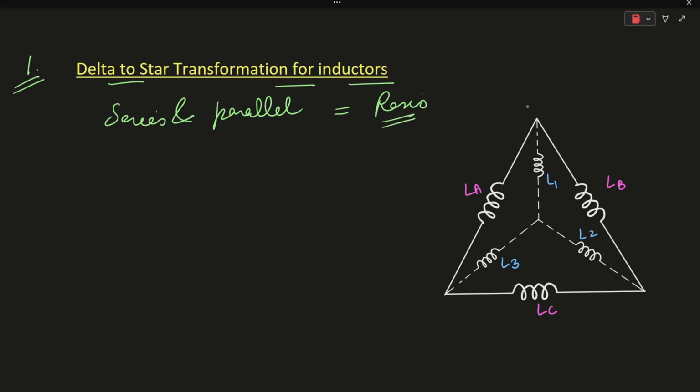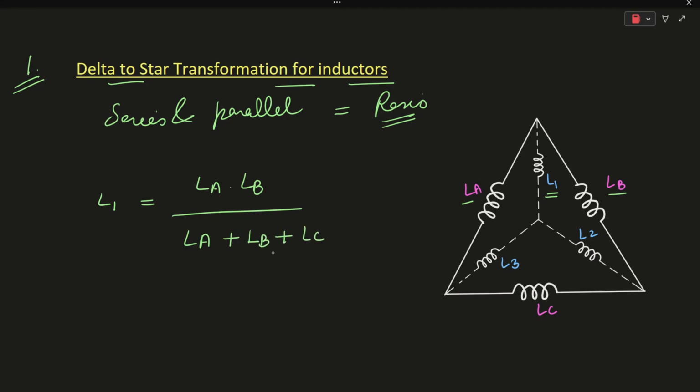So the value of L1 will be equal to the product of the adjacent inductors which are connected in delta, which is LA, LB, divided by the sum of all these three inductors. So L1 will be equal to LA into LB upon LA plus LB plus LC.